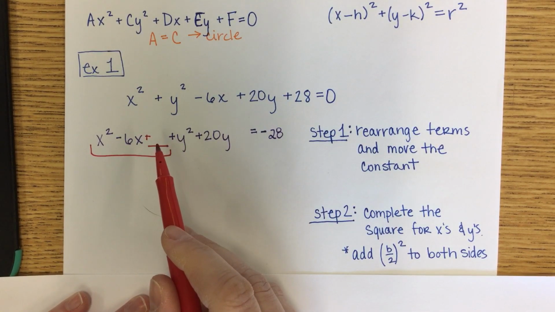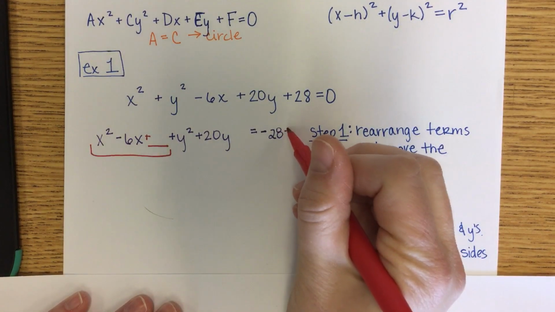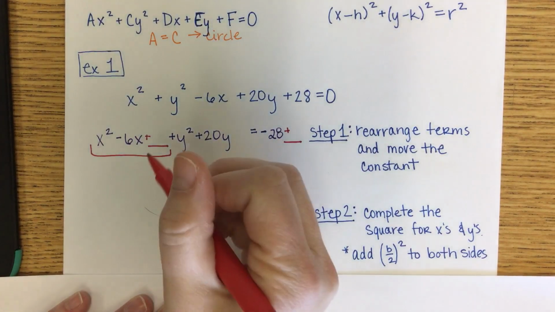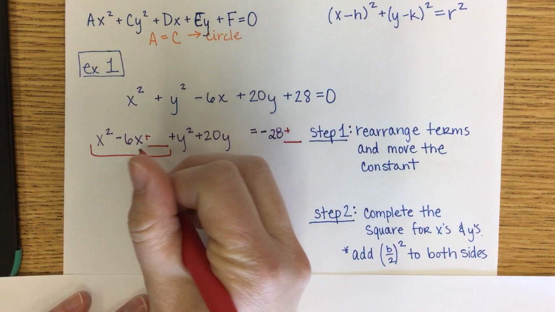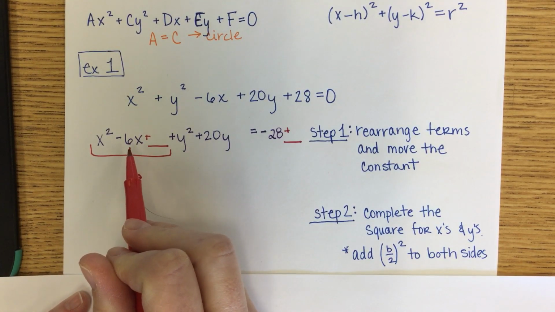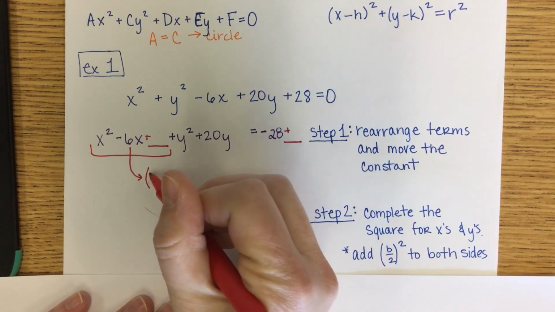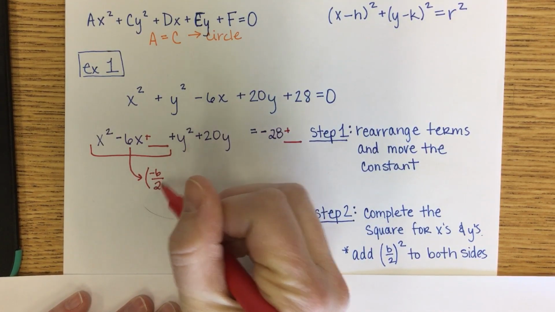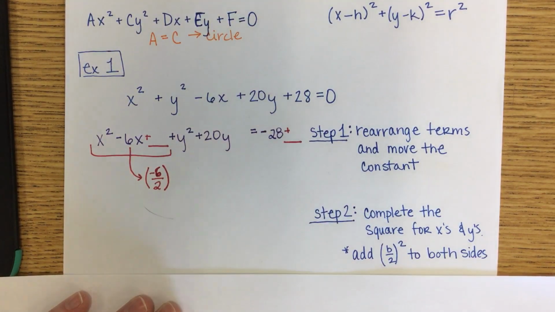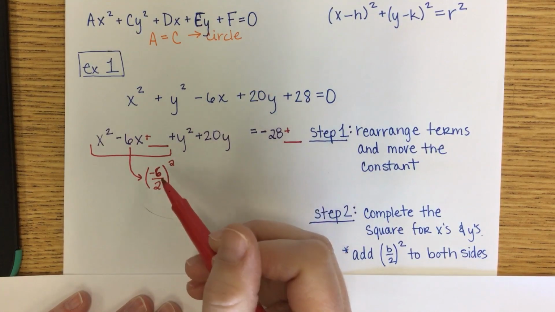But in algebra, whatever I add to the left side, I also have to add to the right side. To figure out what I'm going to add, I take half of the b term. If this was just ax squared plus bx plus c, like in a quadratic equation, I'm always going to take half of that b term, so negative 6 divided by 2, and then I'm going to square it.